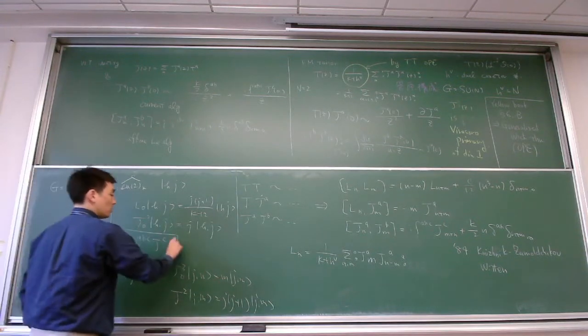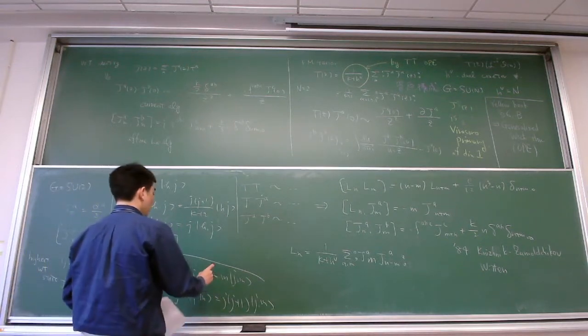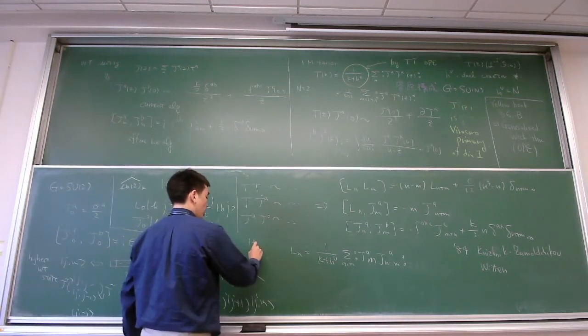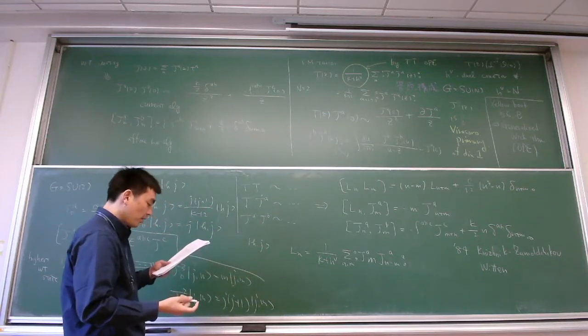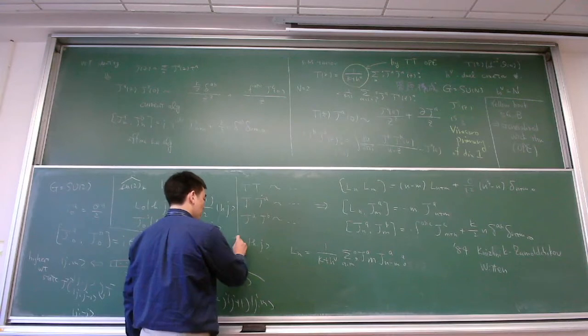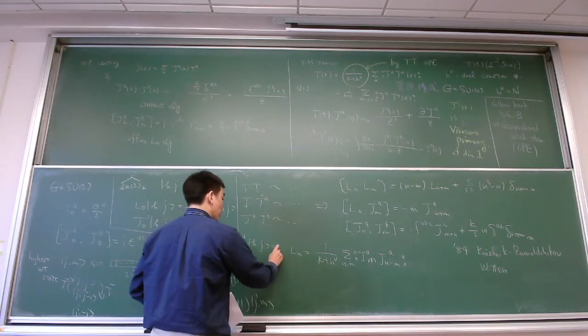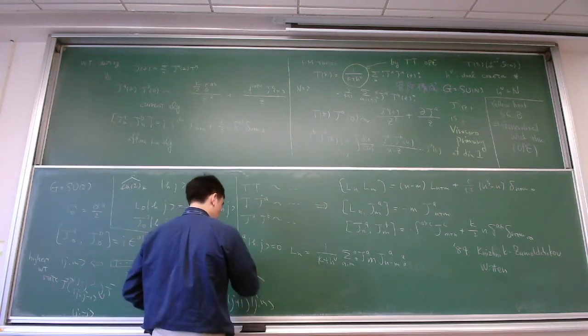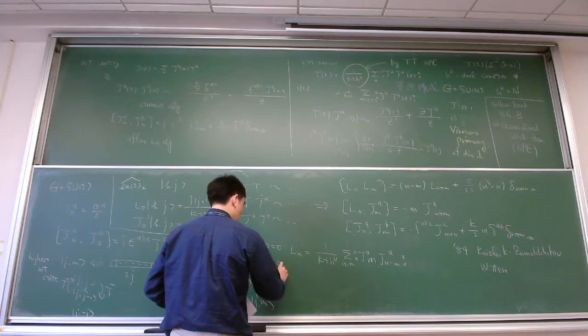Then you start with |h_j> and act with the lowering operator. It's better to specify what the raising operators are: J_n^a with n greater than 0, and a is any index.